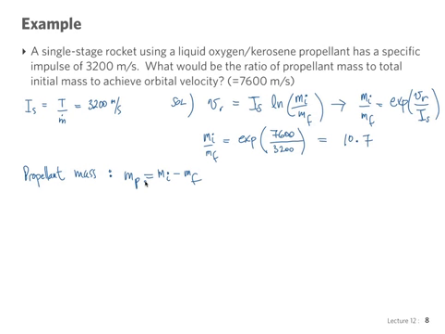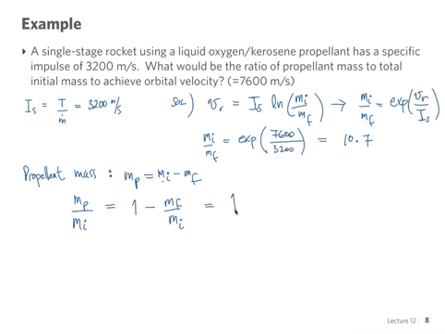Okay, so what we want really is the ratio between propellant mass and total initial mass, Mi. So let's just divide this equation by Mi. If I divide this equation by Mi, I get 1, Mi over Mi is 1, minus M final over M initial, whose inverse is already obtained.